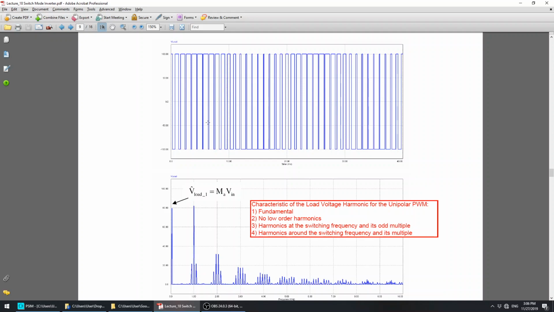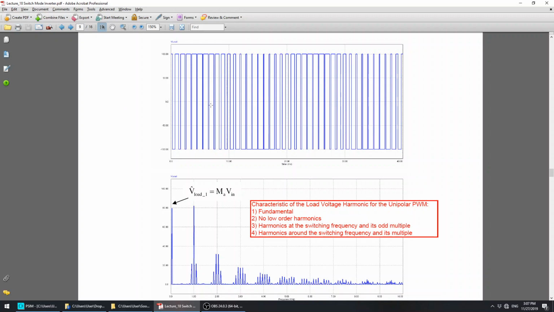For bipolar PWM, you're going to see that the load voltage consists only of positive and negative levels. There is no zero level. The voltage doesn't stop at zero, so it jumps from positive voltage to negative voltage, positive, negative. So it's quite a high dV/dt, if you think about it, right? So therefore this is the output voltage.